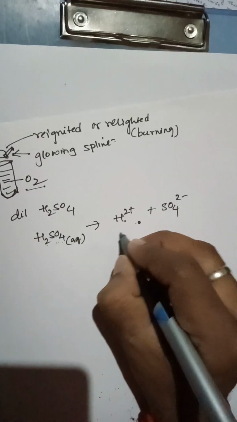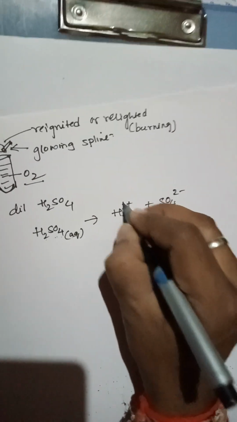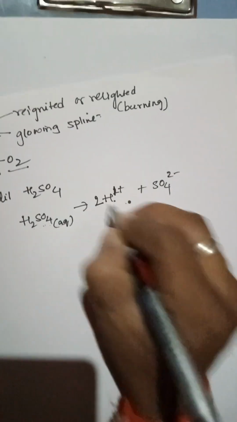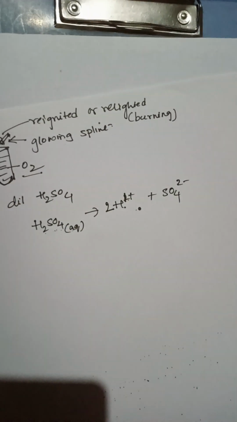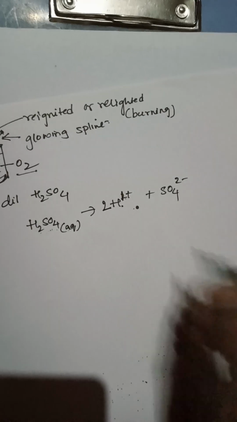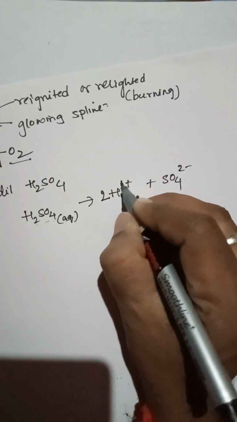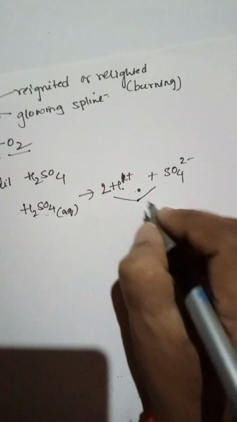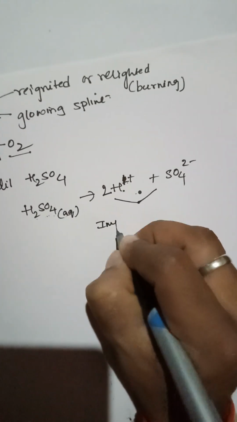This is H plus. So I will have to write 2 here. The valency or oxidation number of hydrogen is 1. So I'm just writing 1 here. So the presence of these ions will improve the conductivity of water.